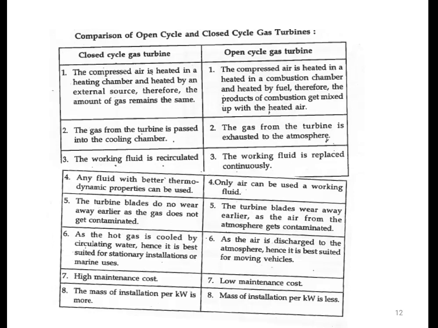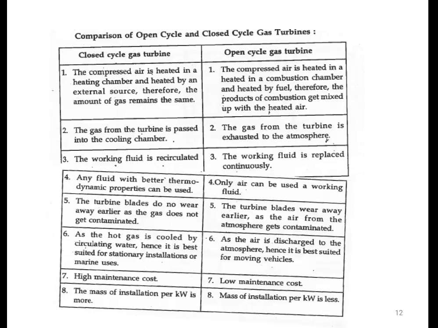In the open cycle gas turbine, compressed air is heated in a combustion chamber by a fuel. We are heating it with a fuel, so the products of the fuel mix with the air and increase its mass, which will impair the working of the turbine plant.